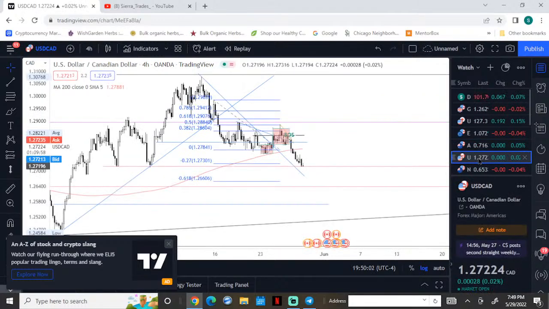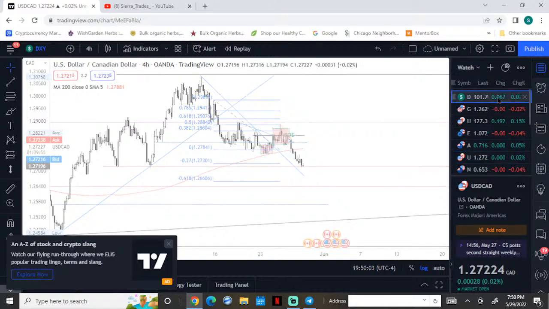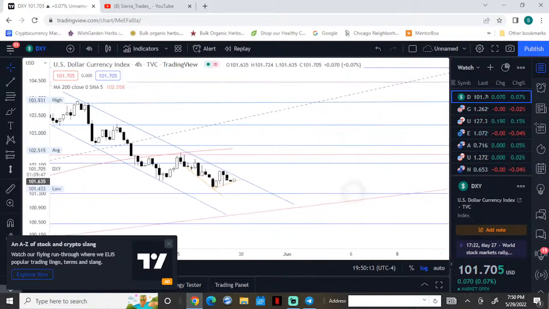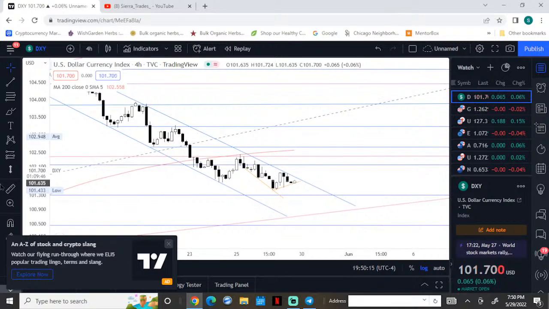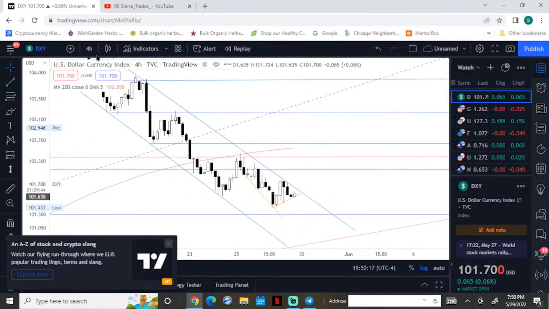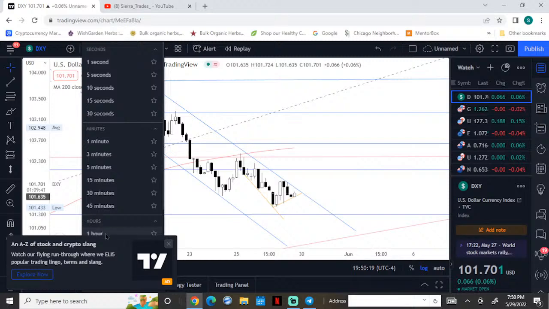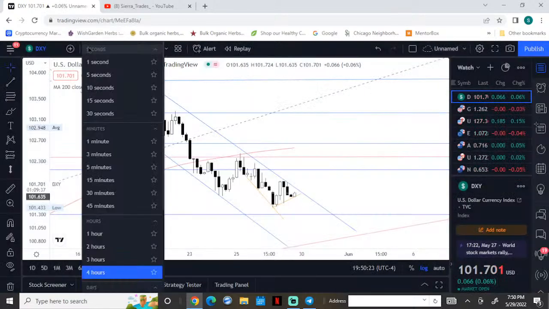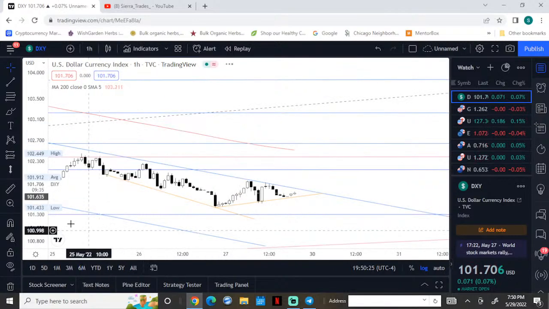All right, what's going on with USD CAD? Is the dollar? I know market has opened up. What we got going on? It's beautifully respecting all of my zones.